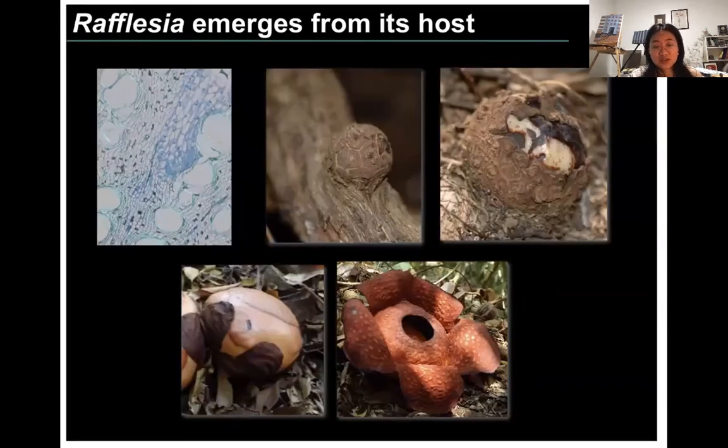When we take a closer look at the different stages of its life cycle, it starts as a mysterious seed, and nobody quite understands how they penetrate into the host. So one thing that's really special about Rafflesiaceae is that they live entirely inside their host before they emerge as a flower.